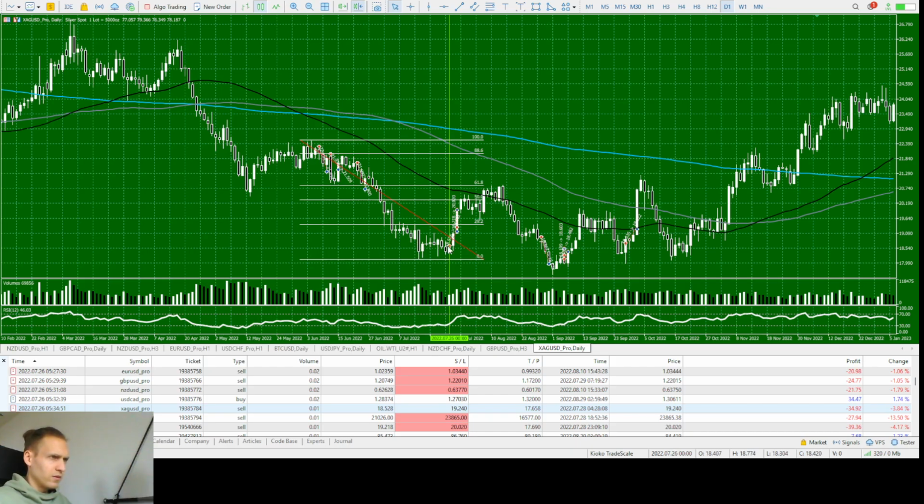Strange. I wasn't paying attention to the daily time frame. Should be probably hoping for a deeper retracement like this.